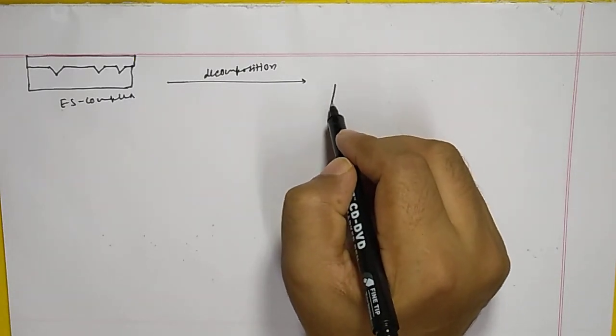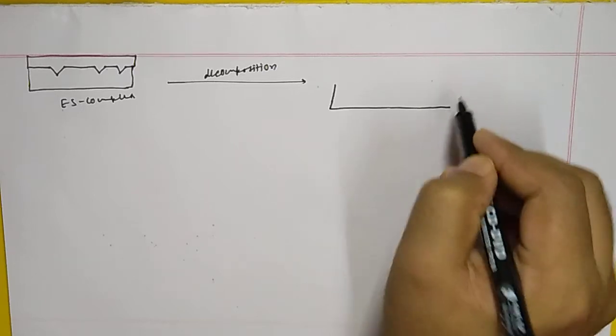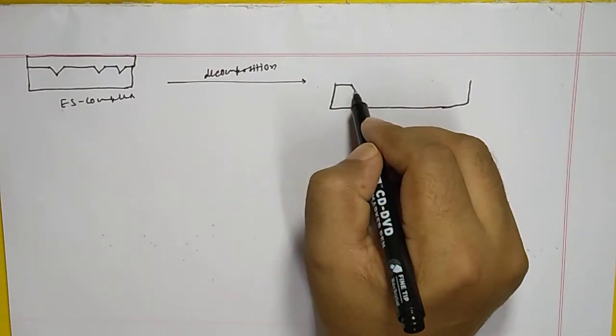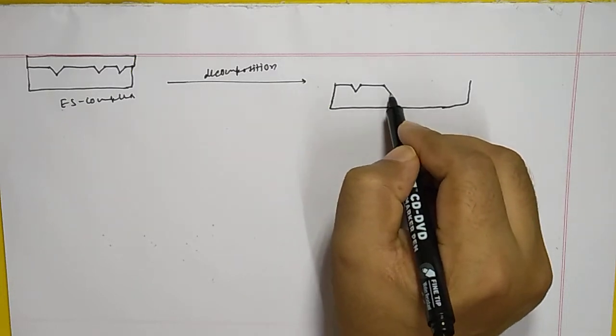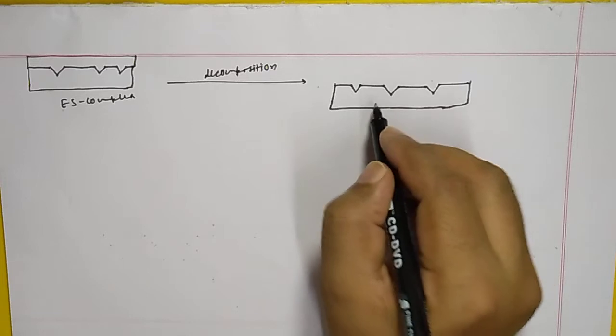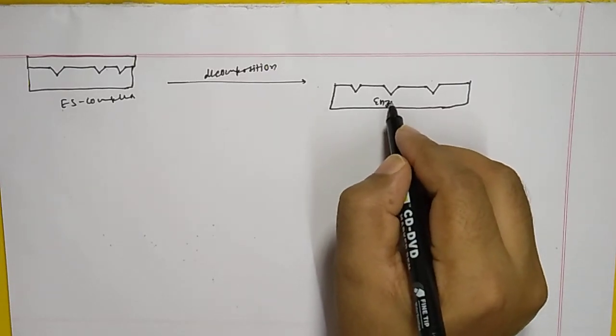The enzyme remains as it is at the end of the reaction, with the cavities on its surface. There is no change in the enzyme.